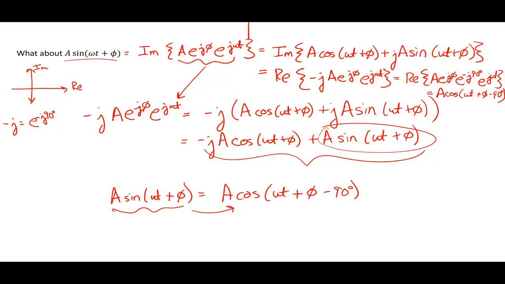In other words, a sine function can be thought of as a cosine with a negative 90 degree phase shift. The reason we do that is because we can use real parts all the time instead of having to use the imaginary part, which is desirable when we're analyzing circuits. The whole idea of an imaginary part is usually just kind of annoying to everybody, but it causes us to have to use this phase shift of minus 90 degrees to be able to make that work.